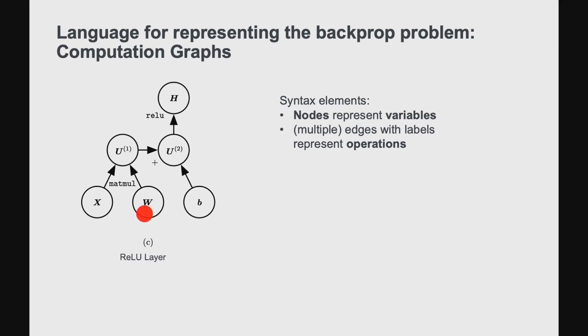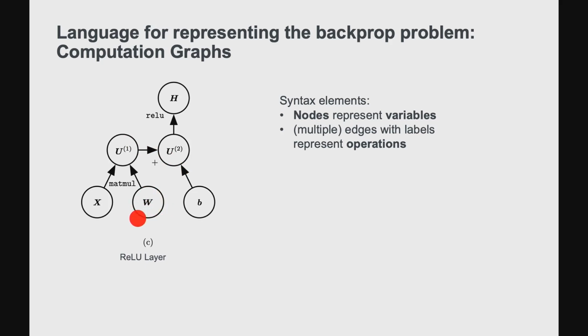I have here my capital W, which is not a weight vector but a weight matrix, and I can compute the next matrix with matrix multiplication. I take the bias that I add to all the different results.